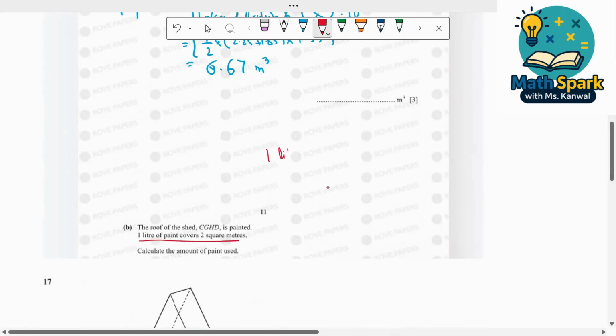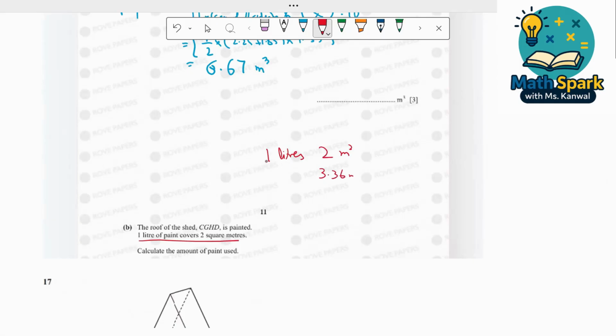So 1 liter covers 2 square meters. We have got 3.36 square meters as the area of the roof. X multiplied by 2 is equal to 3.36 into 1, so X is equal to 1.68 liters will be used.